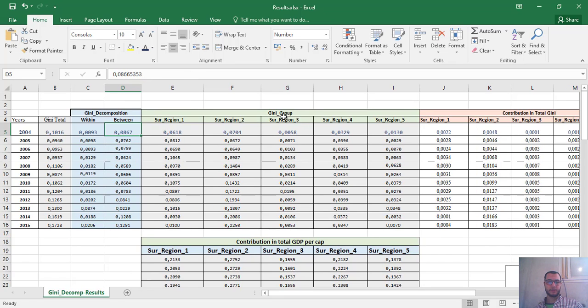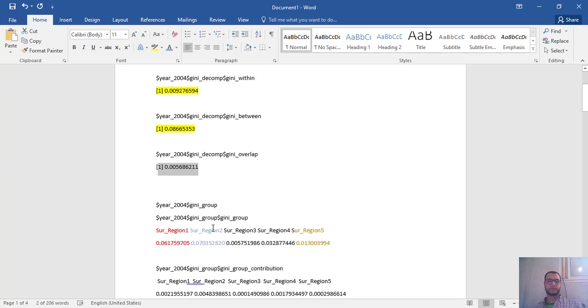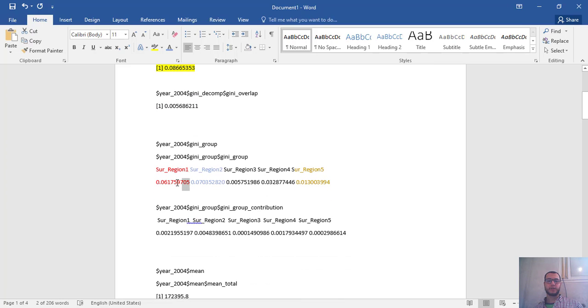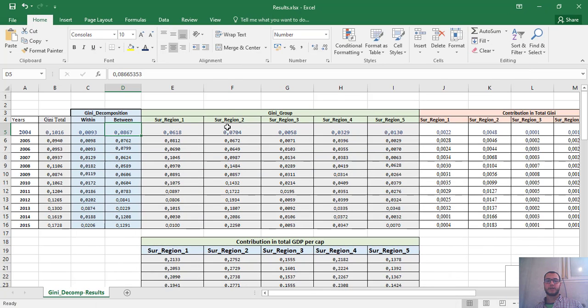So we have the Gini Group for region 1. This is the Gini Group for region 1, and the Gini Group for region 2.